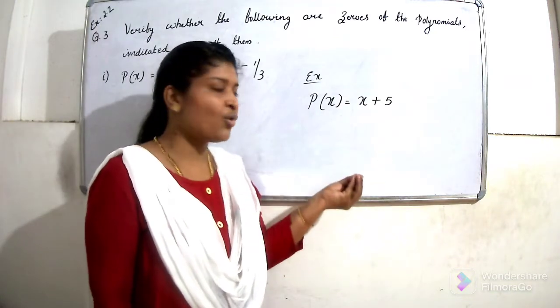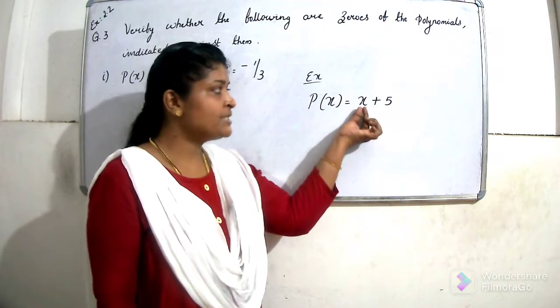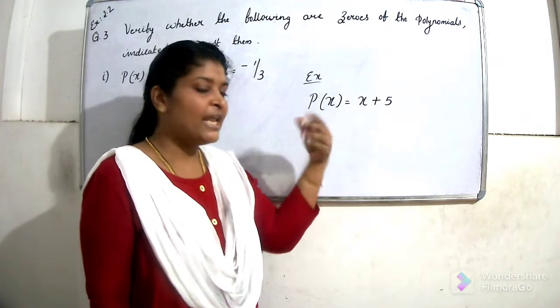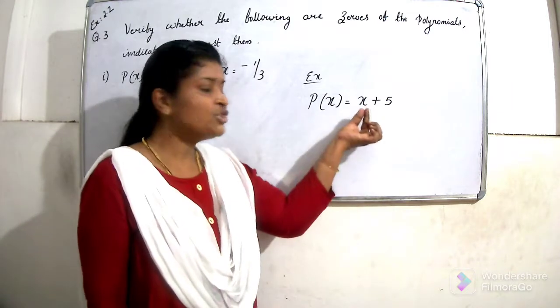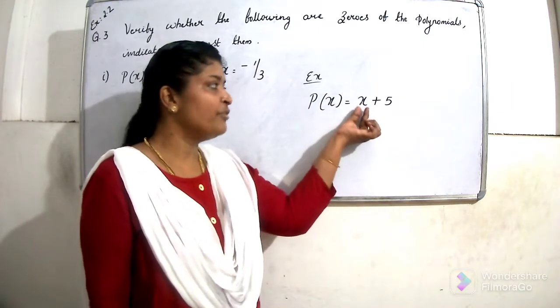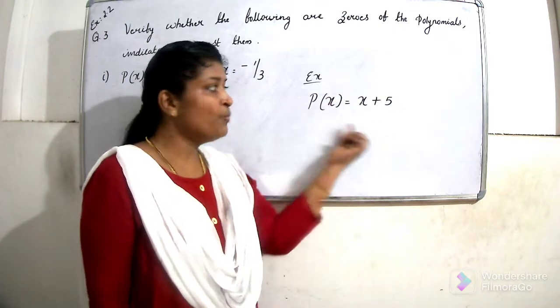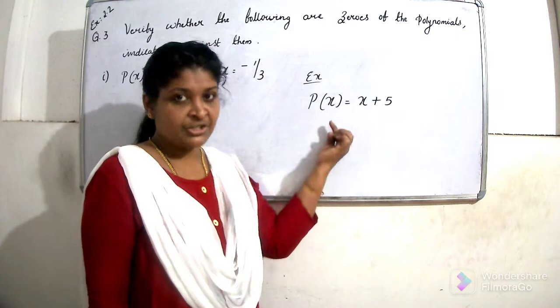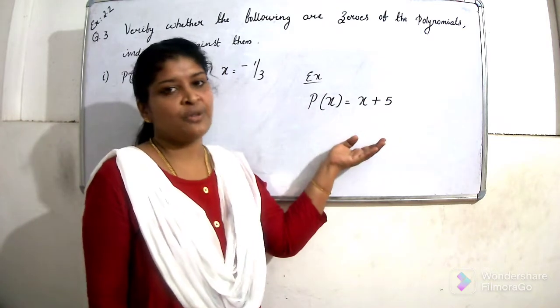So what is the zero of the polynomial? x is a variable, and we know infinitely many values are possible for it. Which appropriate value, when we substitute it instead of x, will turn the polynomial's value into 0? That is the zero of the polynomial.